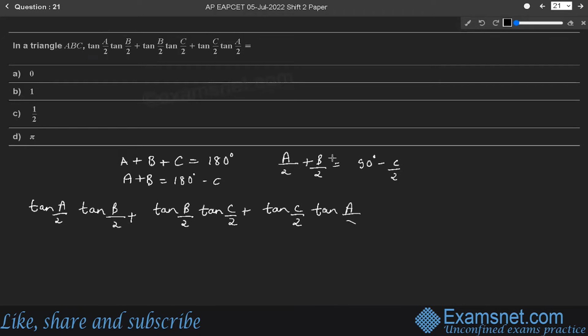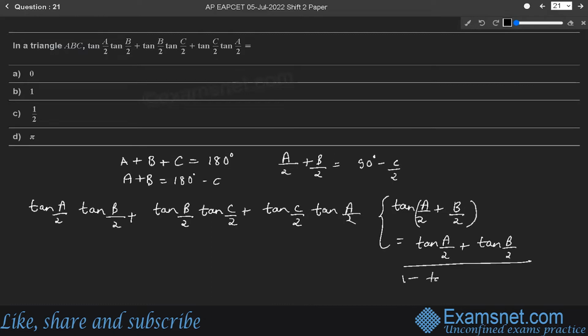We know that tan of A by 2 plus B by 2 is equal to tan A by 2 plus tan B by 2 divided by 1 minus tan A by 2 into tan B by 2.